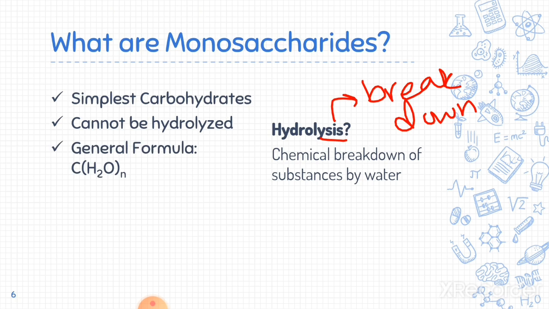The general formula for all the monosaccharides is CH2ON, where N may be 3 to 6 carbon atoms. So this means that the monosaccharides are the compounds having carbon number ranging from 3 to 6.